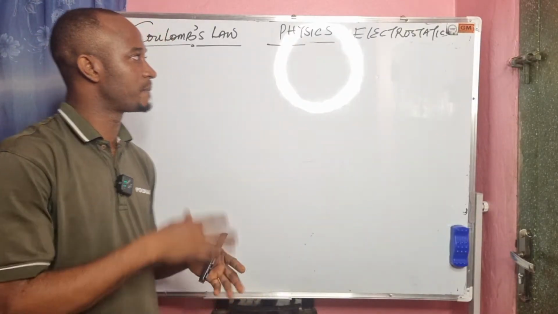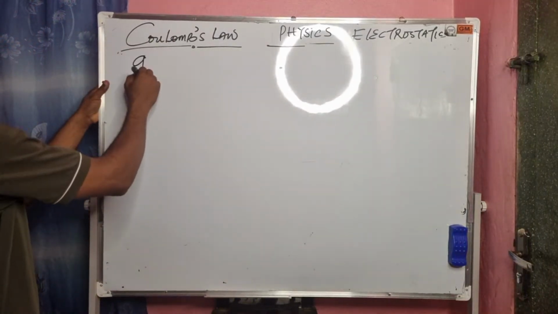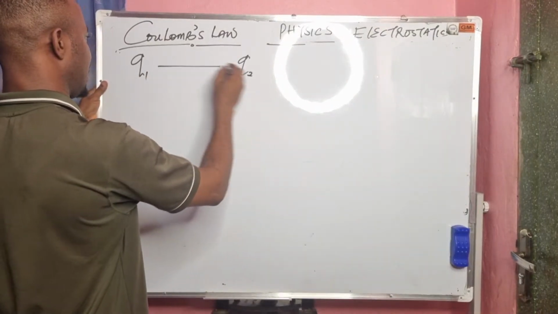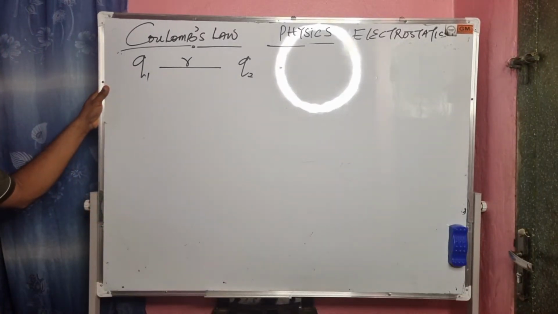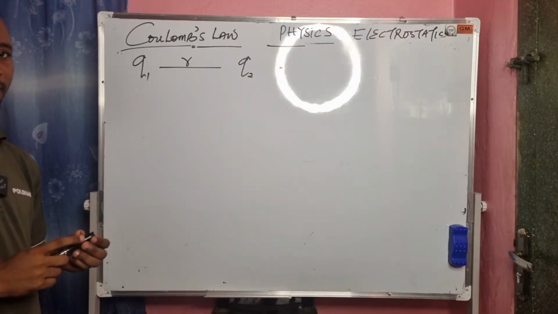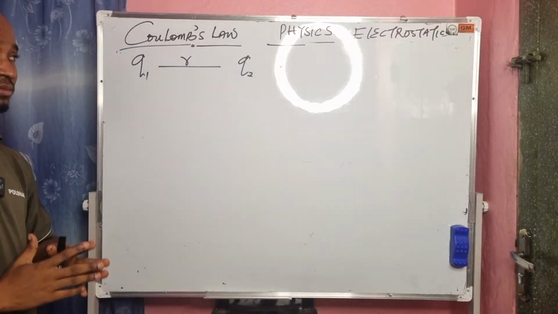Now listen, if I have 2-point charges separated by distance r, there are 2 fundamental laws of Coulomb's. Then I'll give the general law that guides Coulomb's. Please pay attention.